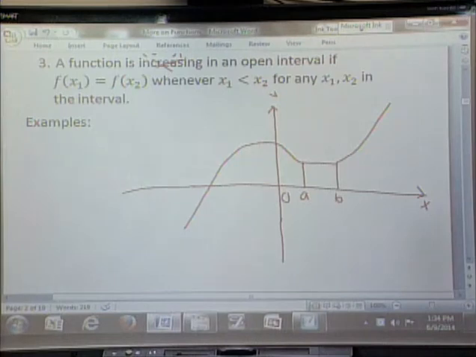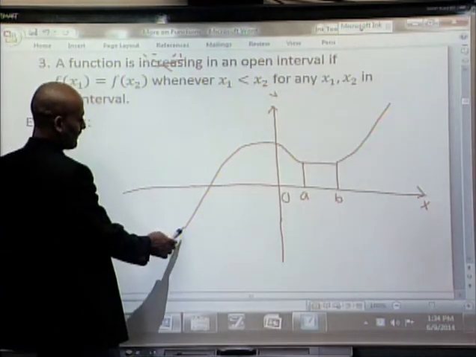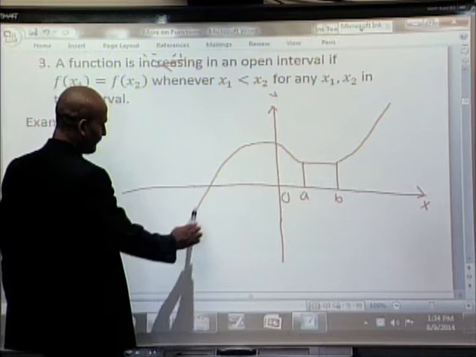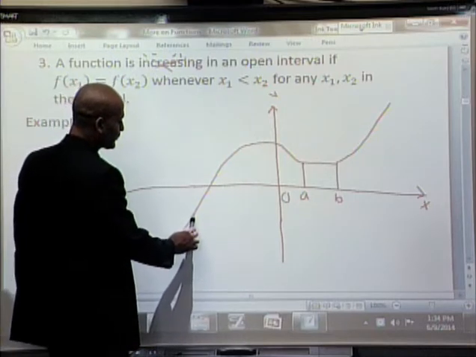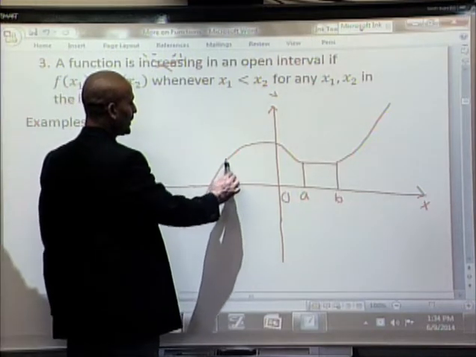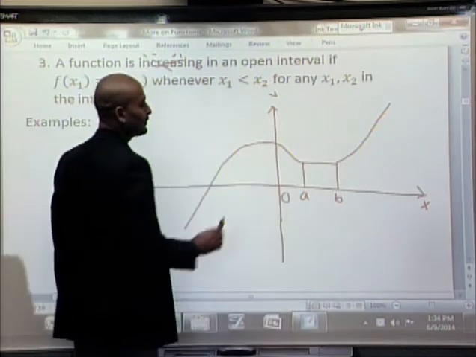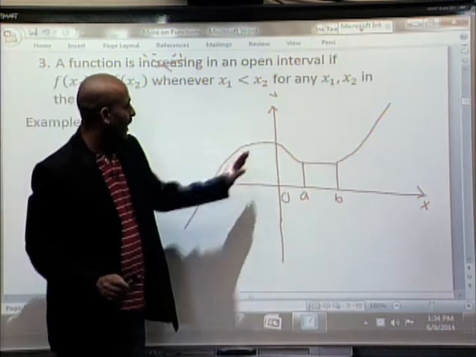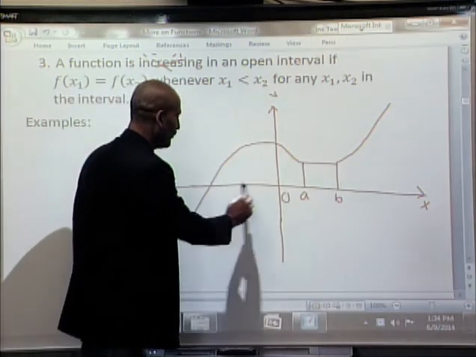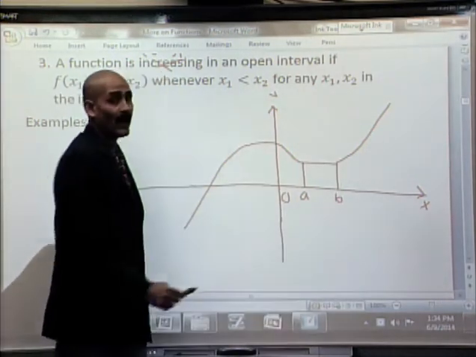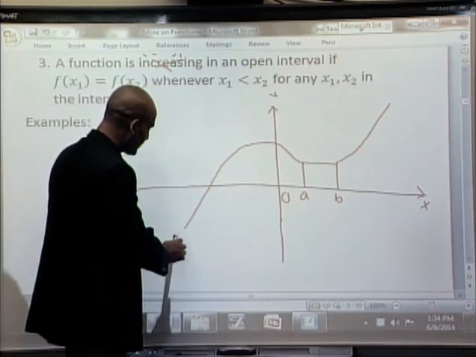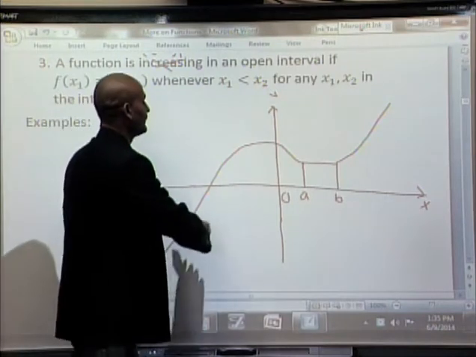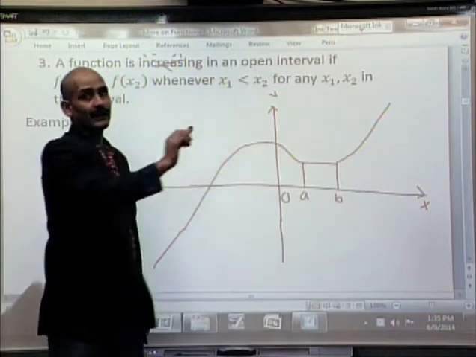If we look at this function, if I look from negative infinity, the function is going up, going up, going up to this point. The larger the x, the larger the y. The more x is, the more y is. Starting from negative infinity, the function is rising and rising.